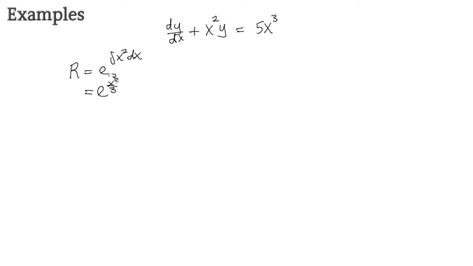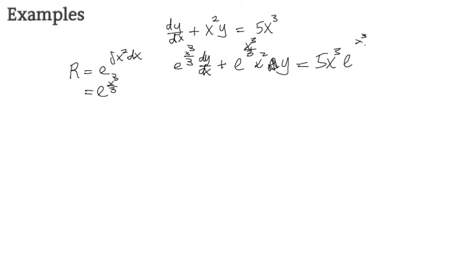Then we have this whole thing, and we can multiply in everything such that we have e to the x cubed on 3 dy by dx add e to the x cubed on 3 x squared y equals 5x cubed e to the x cubed on 3.